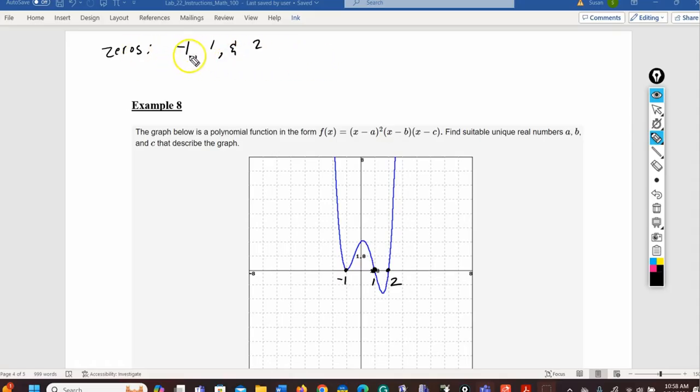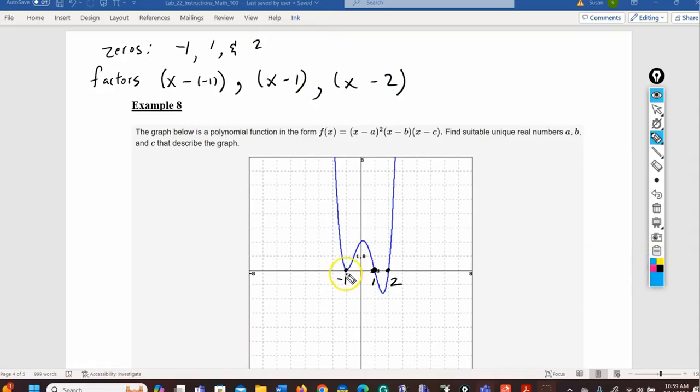Now, if c is a zero, then x minus c is a factor. So if -1 is a zero, then x minus -1 is a factor. If 1 is a zero, x minus 1 is a factor. If 2 is a zero, x minus 2 is a factor. And now, what about multiplicity?